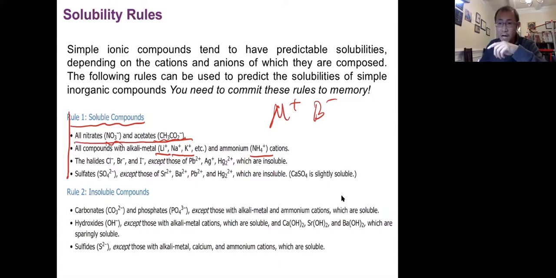If the ionic compound contains any one of these six in its formula, the ionic compound will be soluble in water. No exception. Does it make sense, what I said? I told you, you can use the rule. You can look at the notes, it's fine, but you have to understand how. Does it make sense, guys?